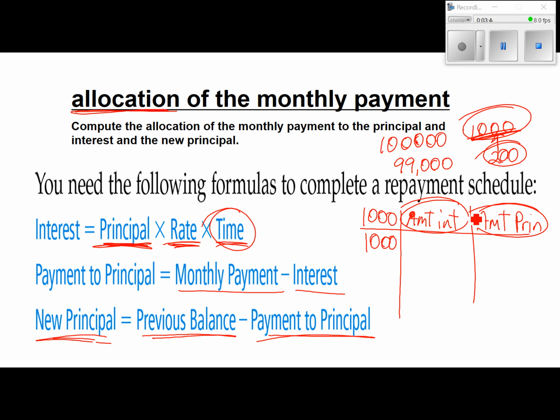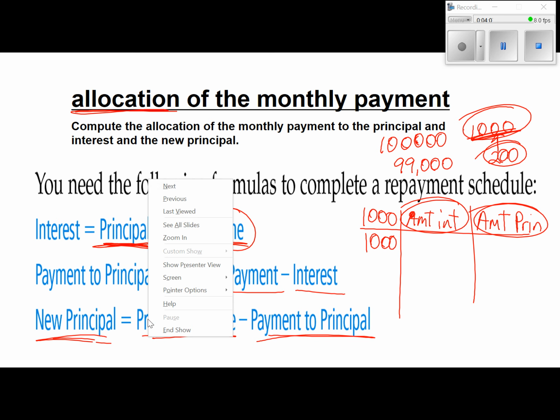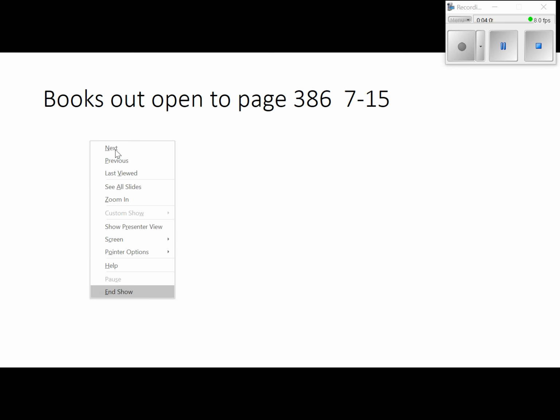Some lending companies will allow you to do that, some won't. You can figure that out using these formulas. Just know that for the first while, depending on how long the loan is, most of those payments are going to go towards the interest that you owe them, not towards the principal. Get that?